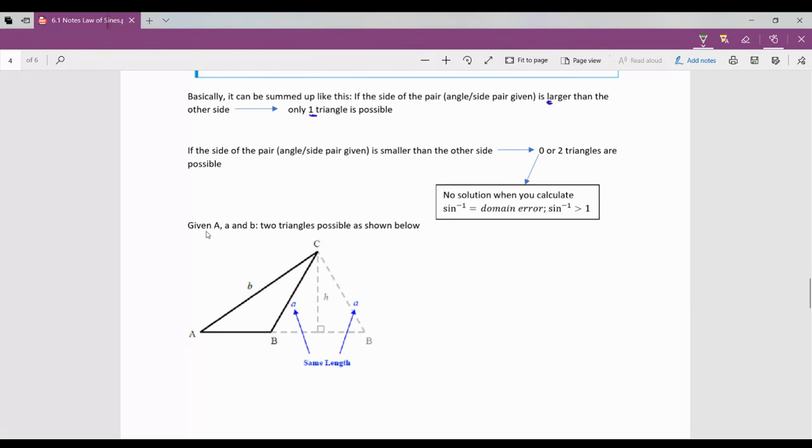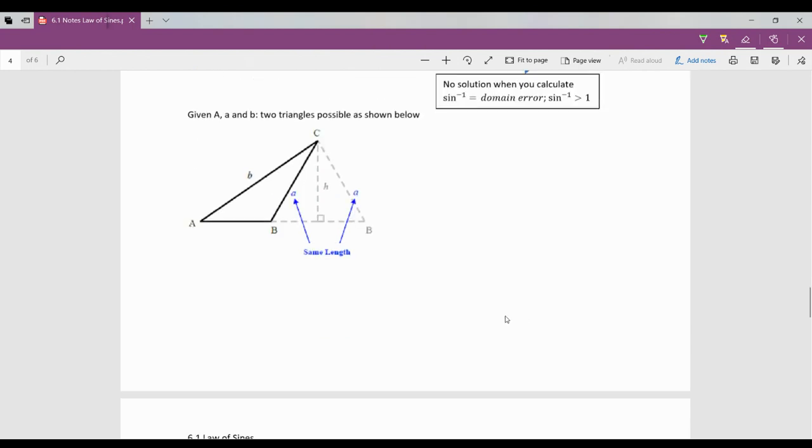So if you are given angle A and side B, you can either have this triangle in green, or you could also have this outside triangle where you have the same angle A, B is the same, and A is the same length here. Okay, so those wind up being the same. All right, so I'll get rid of all those on there.